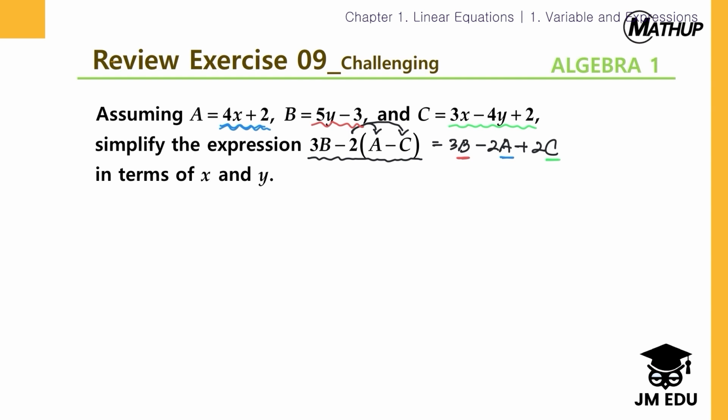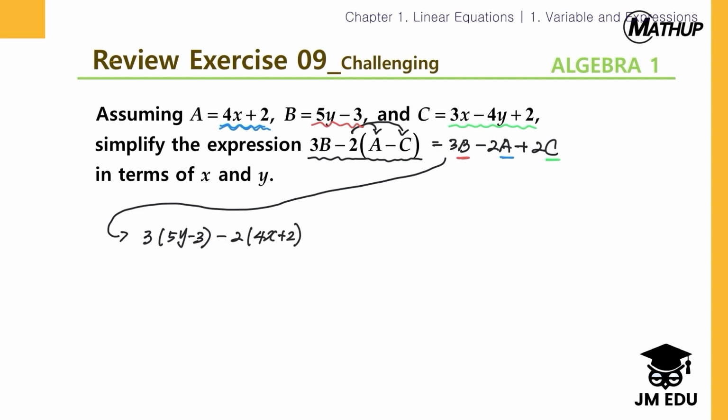So that is equal to, let me write this expression right over here. So 3 times b, 5y minus 3, minus 2 times a, 4x plus 2, plus 2 times c, 3x minus 4y plus 2.